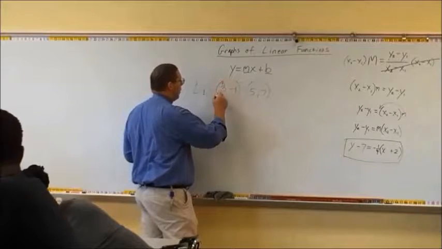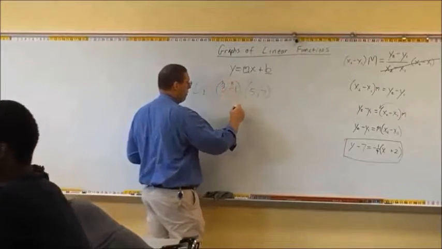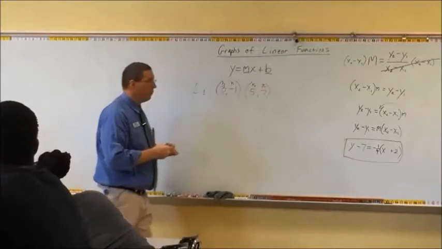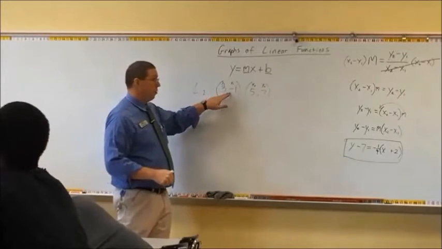What should we call x1 here? x1? And that makes this y1, x2, and y2, correct? Each one of these is an x, y coordinate.